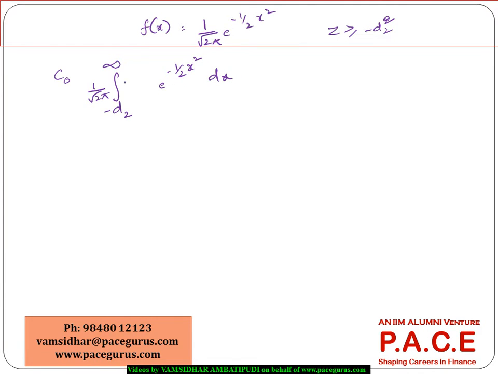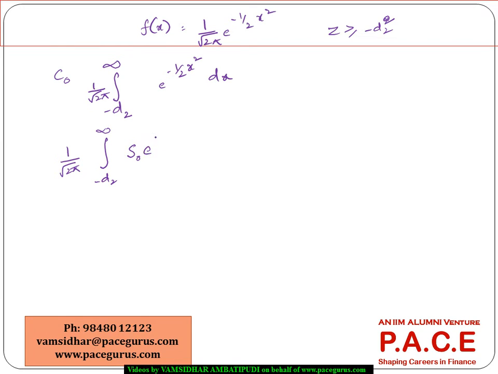But here the scenario comes: I want to integrate ST minus K. So that's where I will take the same logic. This will continue, 1 by root 2 pi, minus D2 to infinity.